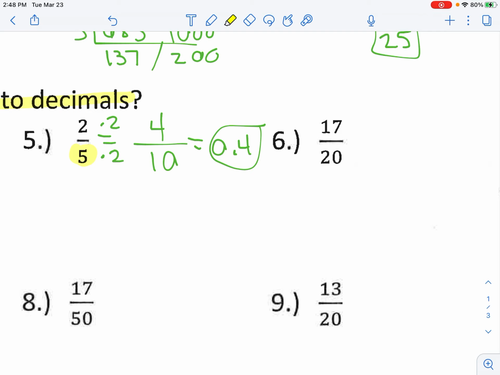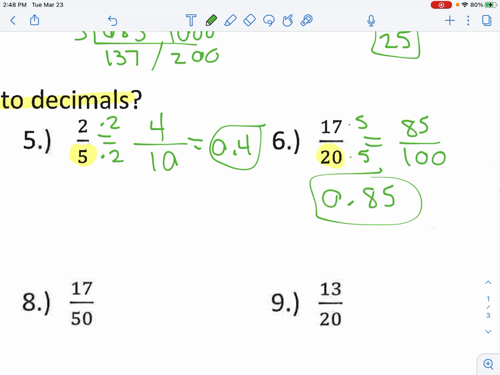If your denominator is not 10, 100, or 1,000, see if it's a factor of 10, 100, or 1,000. We know 20 times 5 is 100. So 17 times 5 is 85. As soon as you have a number over 10, 100, or 1,000, then you can simply write your decimal. So this fraction is 85 hundredths, and this decimal is also 85 hundredths.